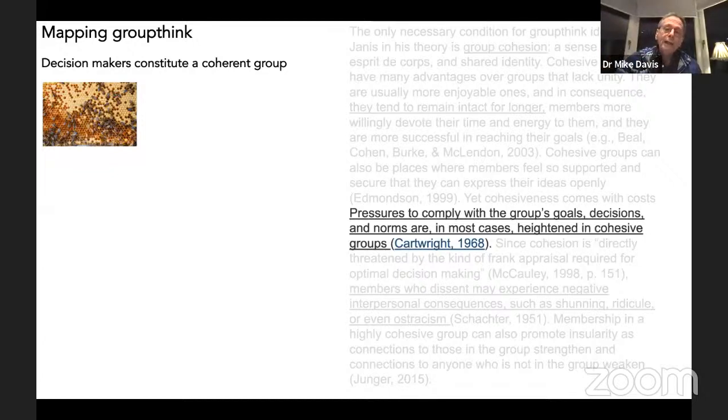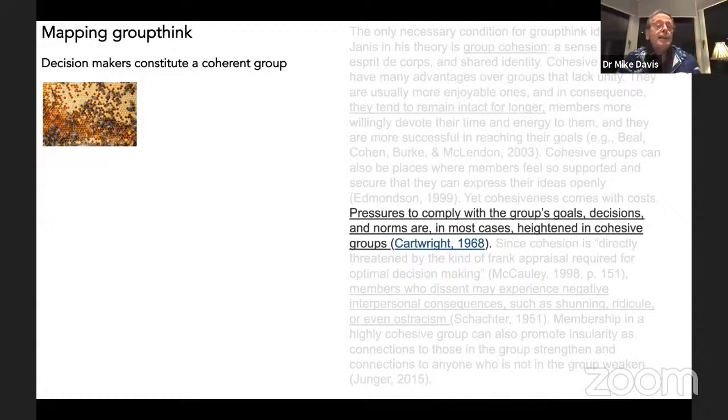So what we have here, if Cartwright in 1968 was correct in identifying this issue, is that this notion of cohesion, a coherent group who've got shared goals, shared aspirations, etc., are the ones that are most vulnerable to the idea of responding inappropriately and going along with decisions that are potentially wrong, to a greater or lesser degree.